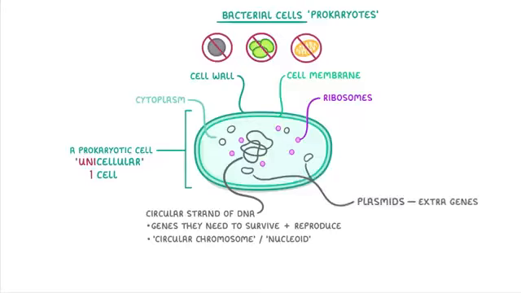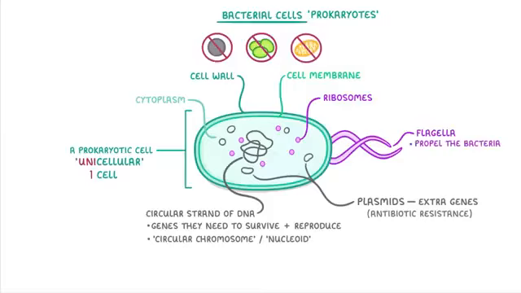These carry extra genes like antibiotic resistance, which the bacteria don't need on a daily basis, but may sometimes come in handy. Some bacteria also have flagella. These are thread-like structures that protrude out from the bacteria and are able to rotate to propel the bacteria along. So they basically allow the bacteria to move around.